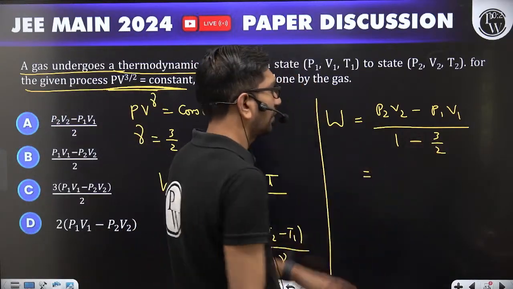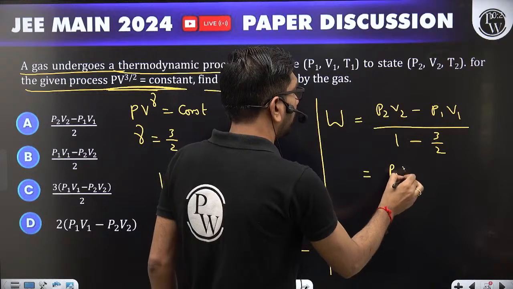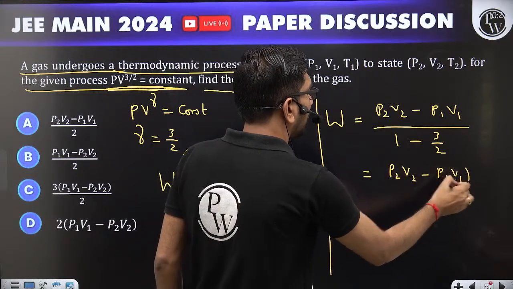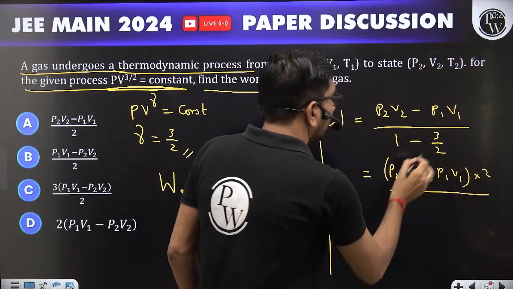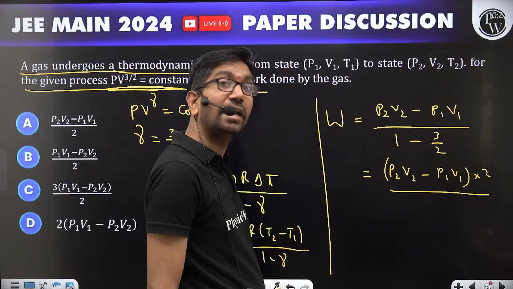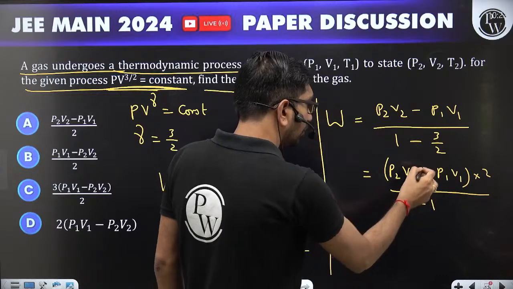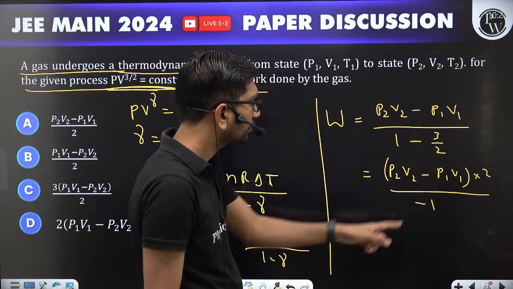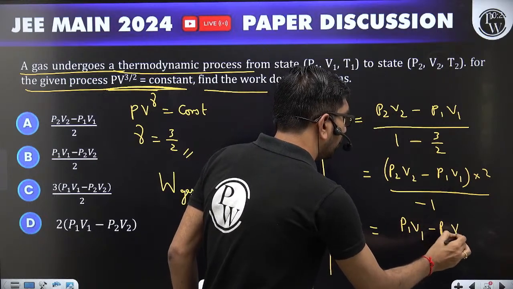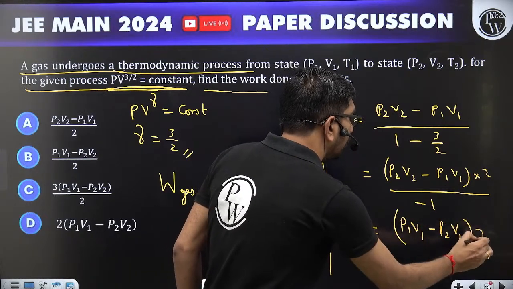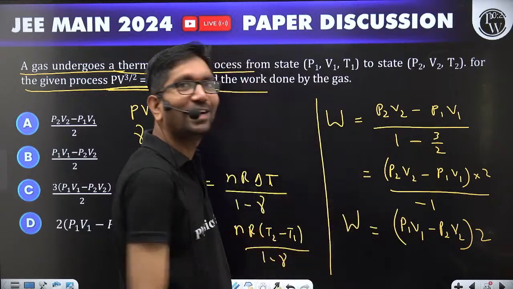So final what you get, beta? P2 V2 minus P1 V1. Here the 2 goes up, right? 2 minus 3, it is minus 1. So if you send this minus, what you get? First start with P1 V1 minus P2 V2 into 2. This is the work done, beta.